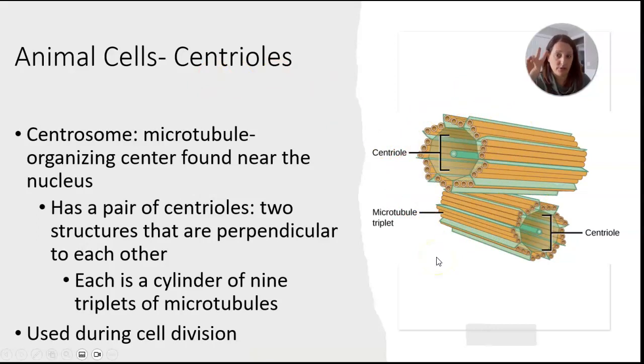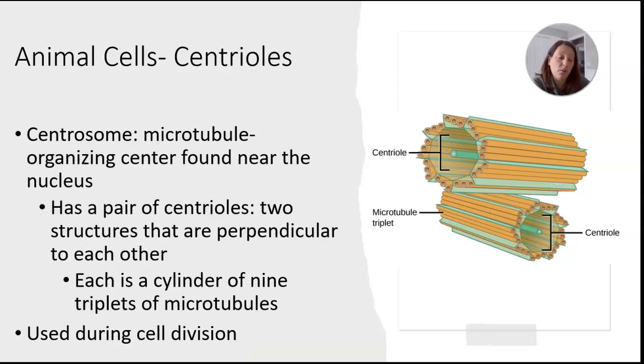So now the cell has 2 centrosomes, and those centrosomes will move to opposite sides of the cell, and they are going to organize the microtubules that are involved in pulling DNA to separate sides of the cell during mitosis and meiosis. So you'll see these again when we get to chapters 10 and 11. It's strange. So animal cells have these structures and plant cells do not, and we're not really sure why.